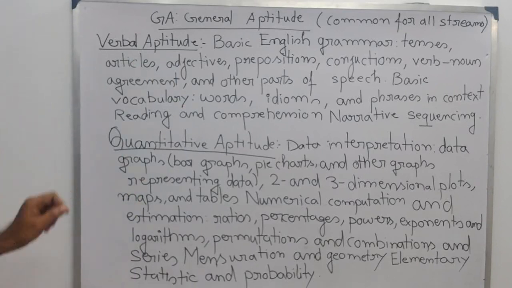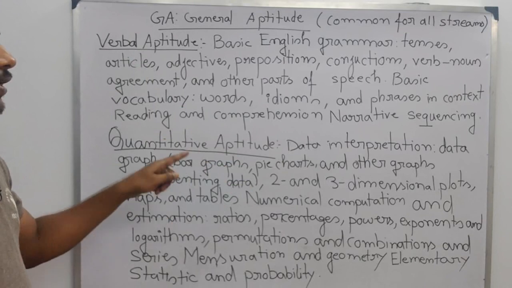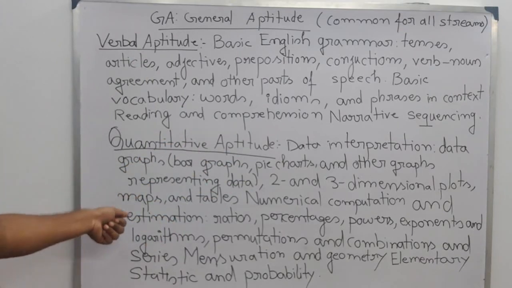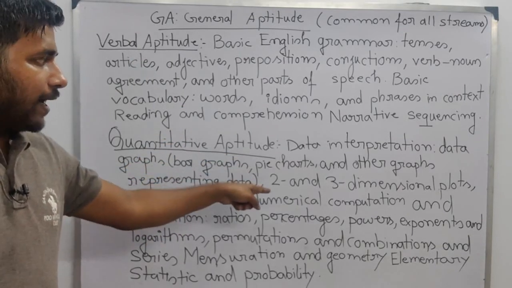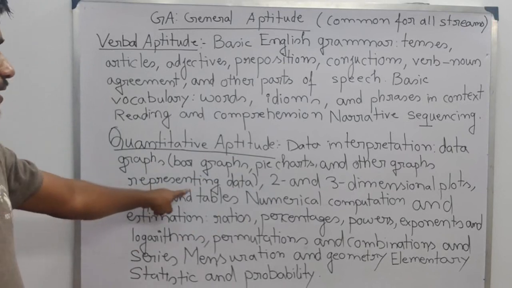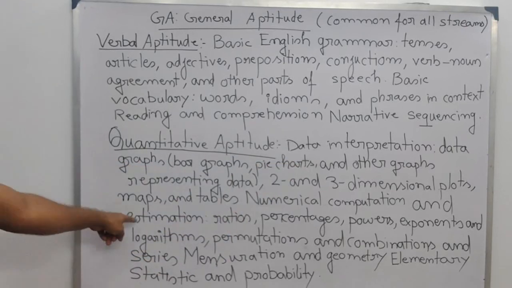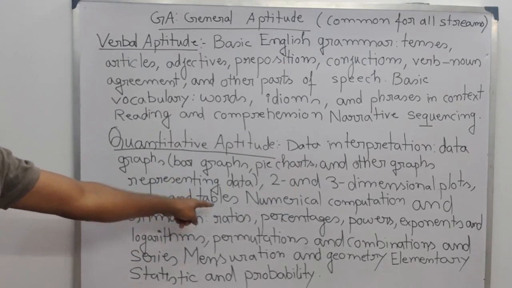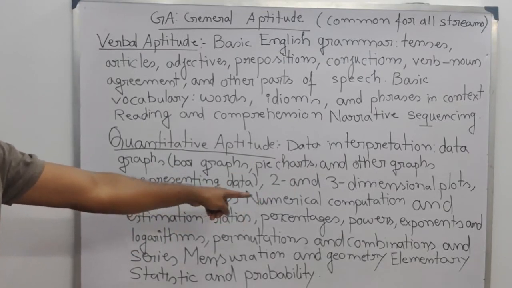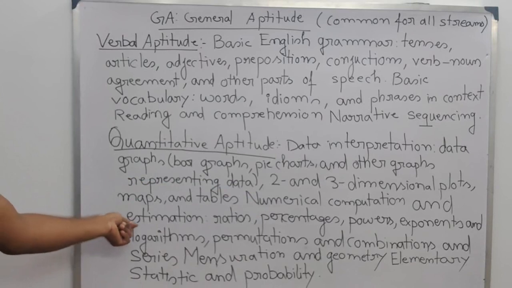Now quantitative aptitude. In quantitative aptitude, you have data interpretation, data graphs. In data graphs, bar graph, pie chart and other graph representations of data are there. 2-3 dimensional plots, maps, tables, numerical computation and estimation are there.